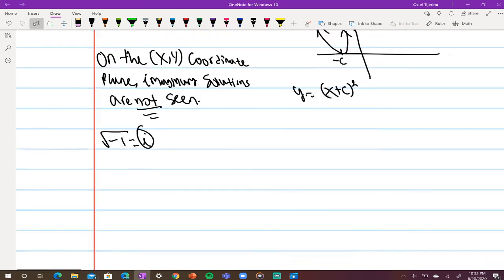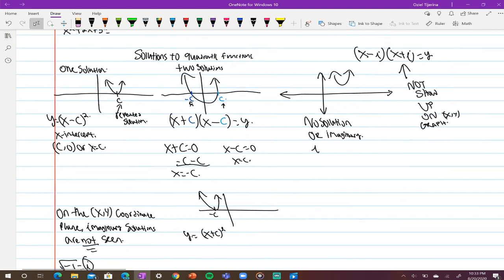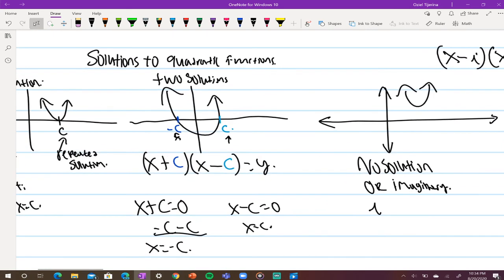This is just a visual representation of how it would look on a graph if you graphed x squared plus 2x plus 3 equals 0, or any function; it would look like one of these ways. So I hope this helps, and I will see you guys in the next video. Bye.